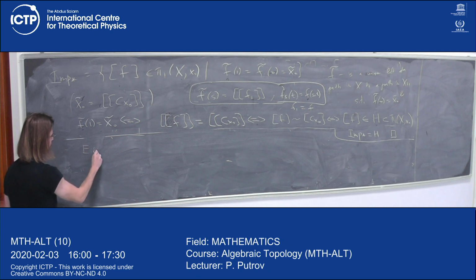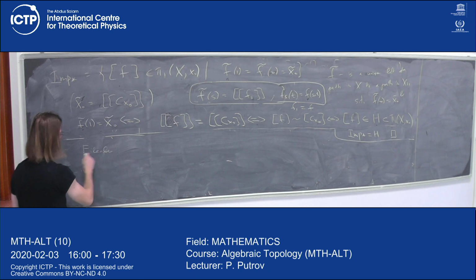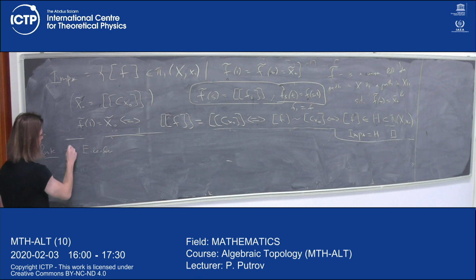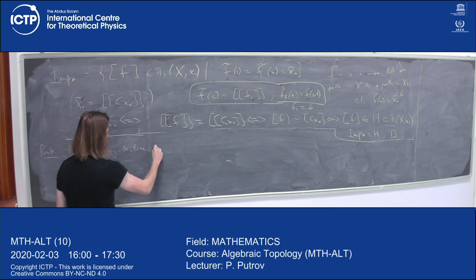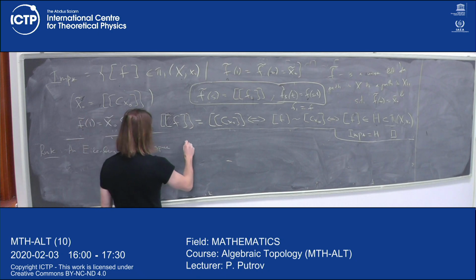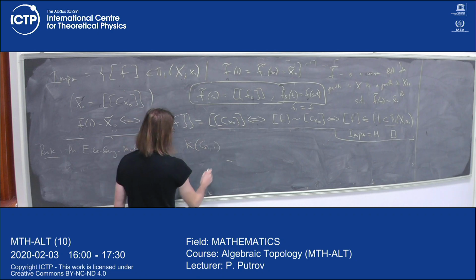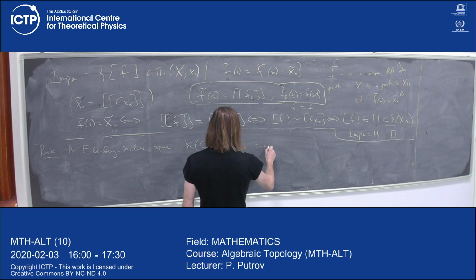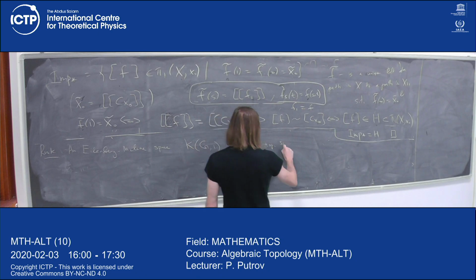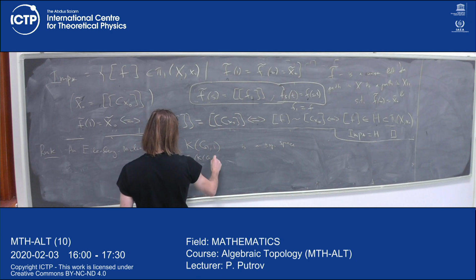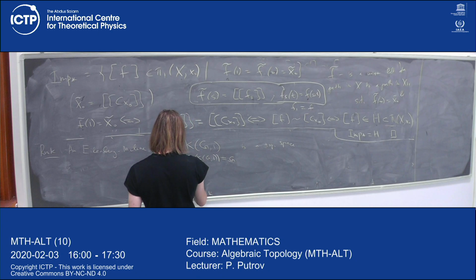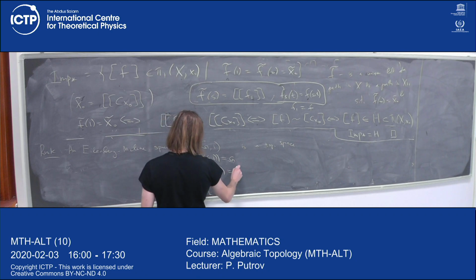This is called Eilenberg-MacLane spaces, denoted K(G,1), which is a space with fundamental group equal to G, but there are also additional conditions that the higher homotopy groups are vanishing.